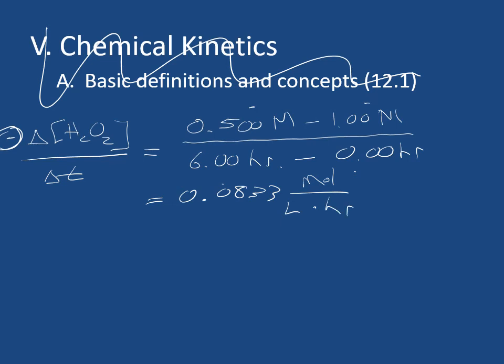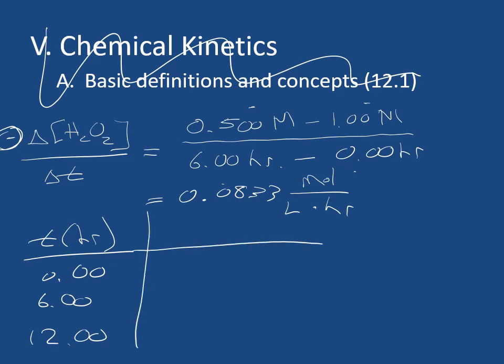So ultimately, what you get is a table that looks like this. This is what I wanted to finish on the other slide, but I messed up. So I'm going to have to rewrite this, sorry. So time in hours, 0.00, 6.00, 12.00, concentration, 1.00, 0.500, and 0.250.